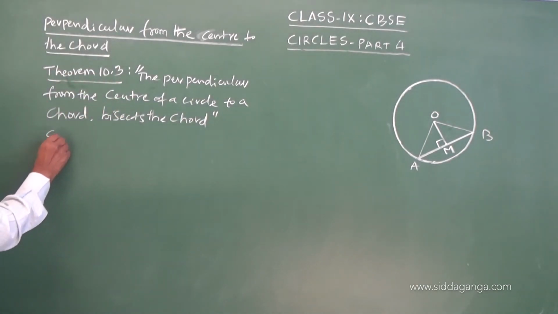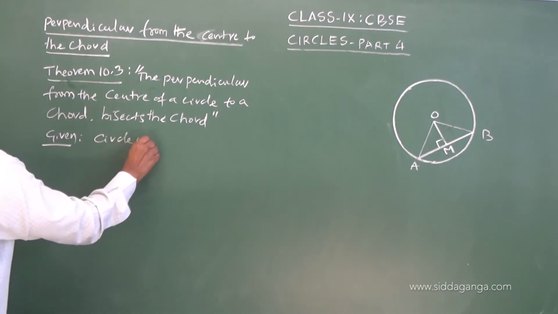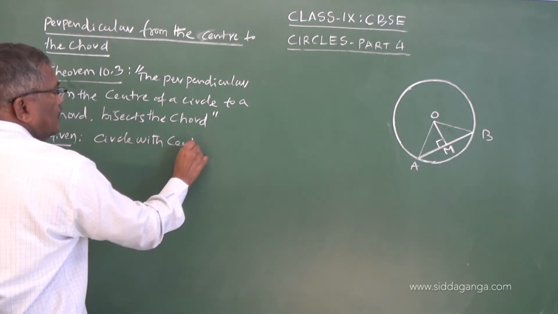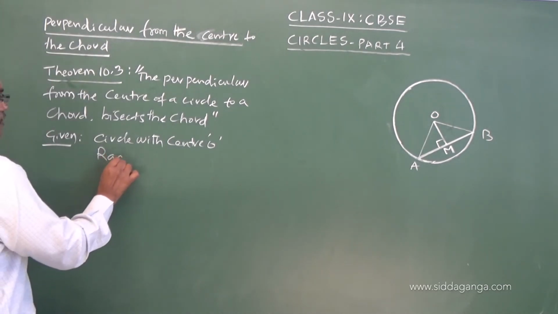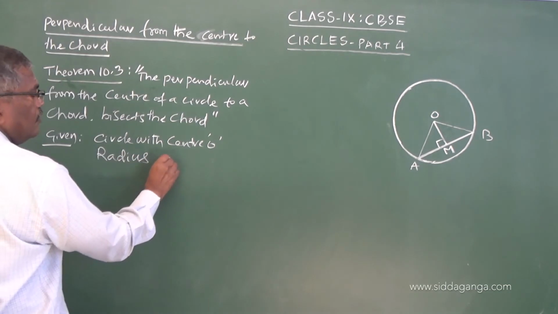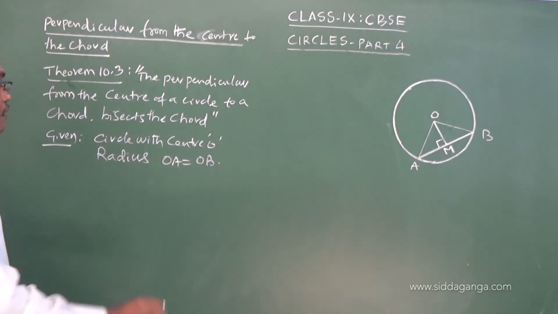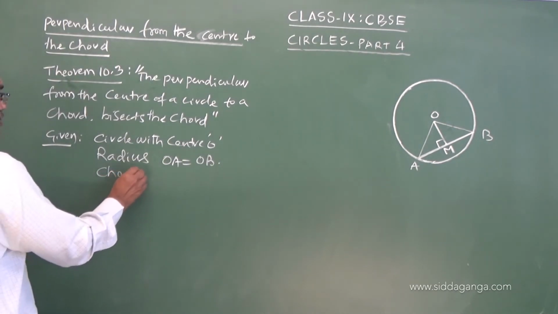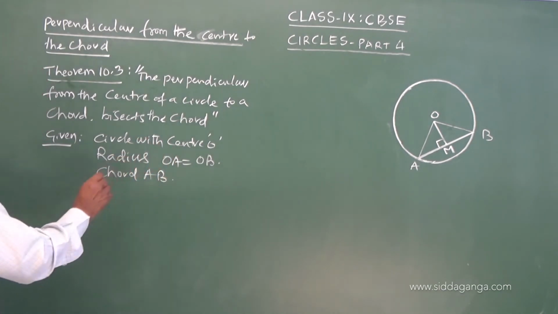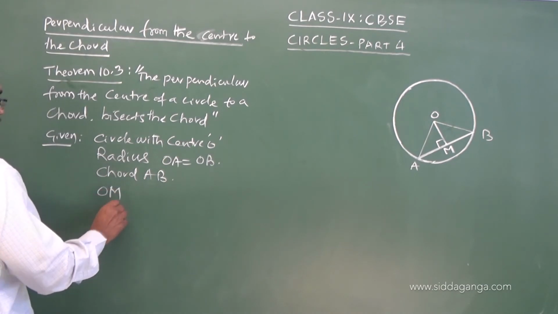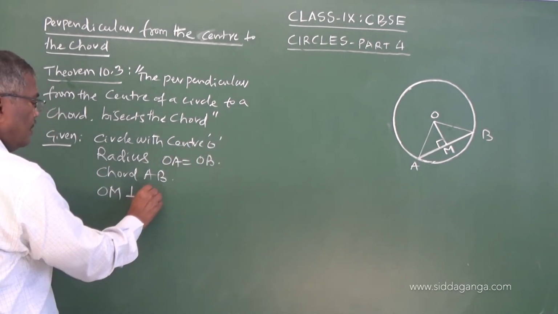Now, given: a circle with center O, radius OA equals OB. Chord AB is given. Also OM is the perpendicular drawn from the center to the chord AB.